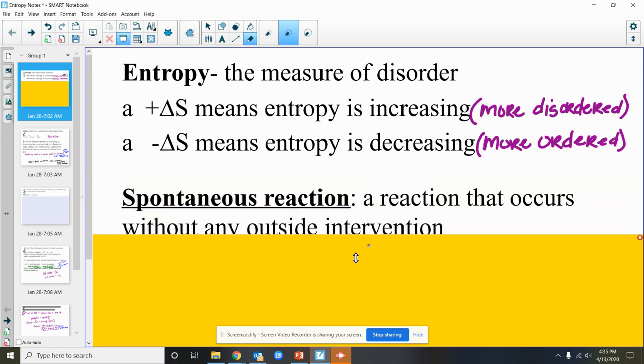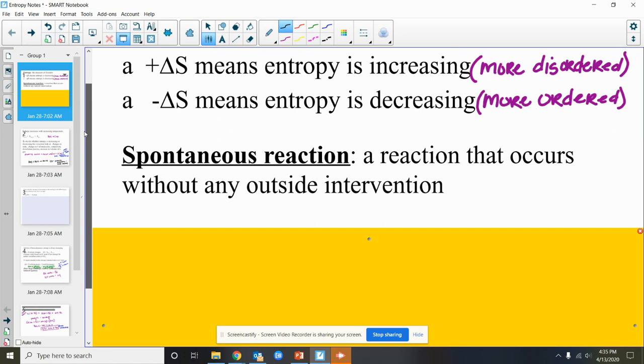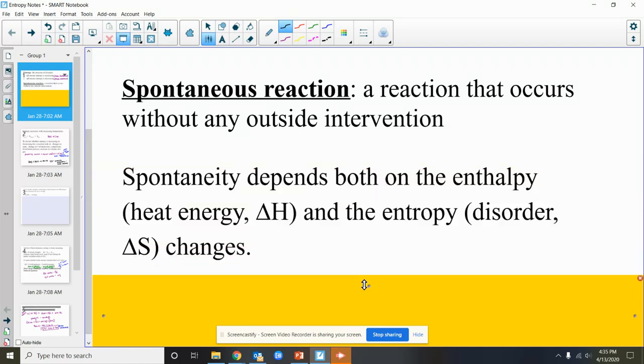Okay. So spontaneous reactions are reactions that occur without any outside intervention. If you think about when you've reacted baking soda and vinegar, the reaction just happens. So the spontaneity of a reaction is going to depend on a couple different things. It's going to depend on both the enthalpy, which we talked about before, which is your heat energy, and the entropy, which is the measurement of the disorder.